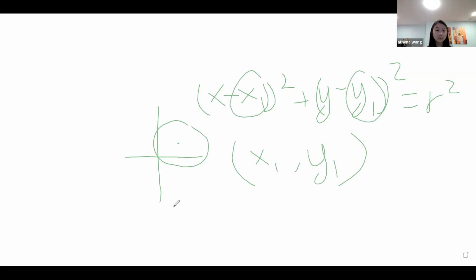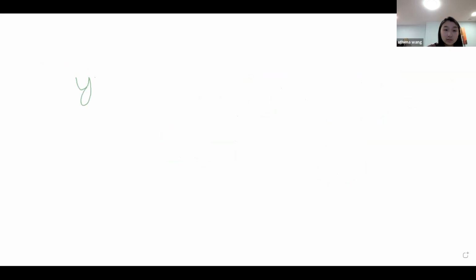So in our problem, it was something like x plus, I forgot exactly what the number was, but we only need the y value basically. I'm pretty sure it was y plus 12 squared.